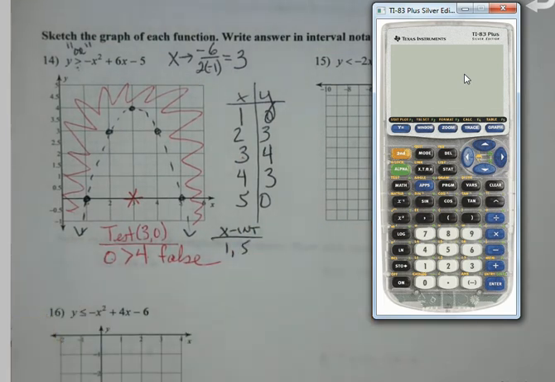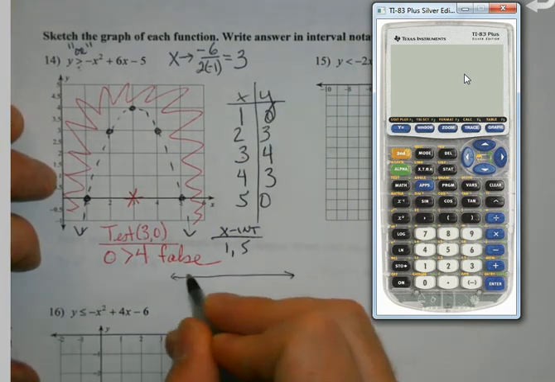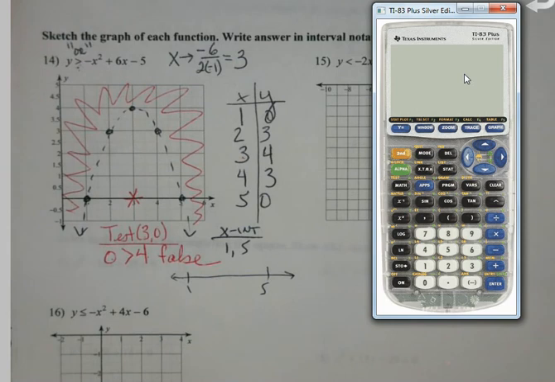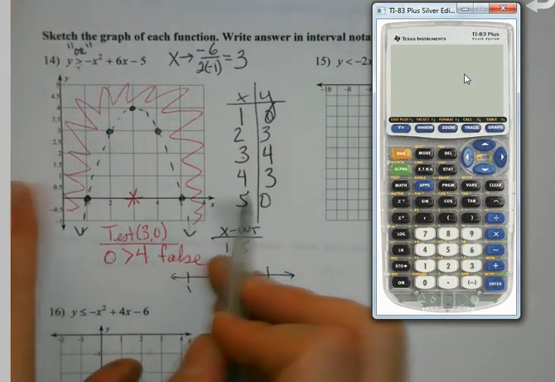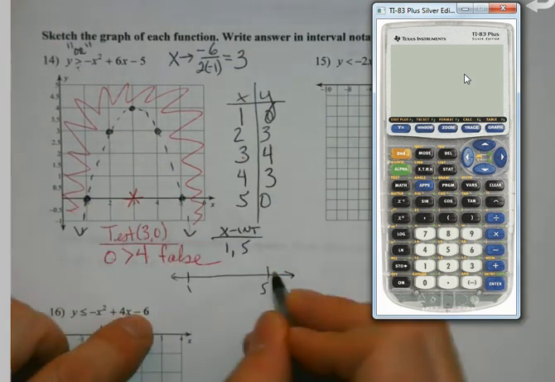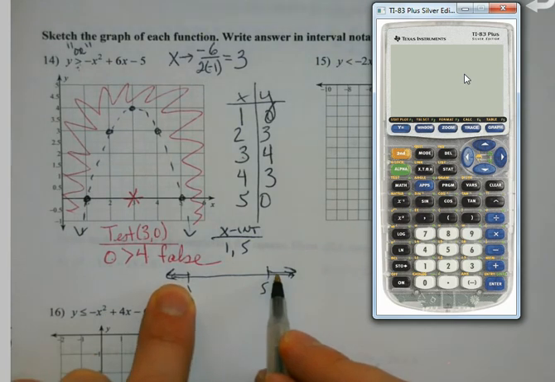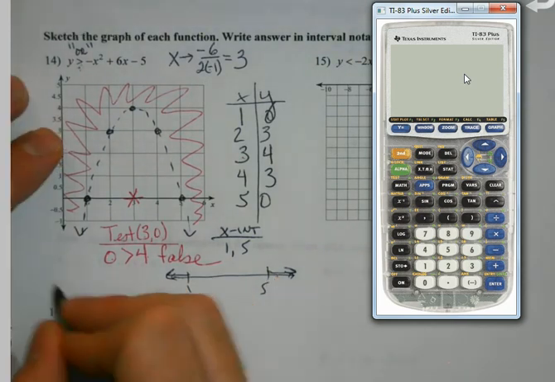So basically, here's what I'm looking at. If I were looking at this on a number line, and I know it's an or statement, I know ors go out, sort of like my shading goes out and it doesn't stay inside. So if this were the graph you were seeing, what would the interval notation look like?